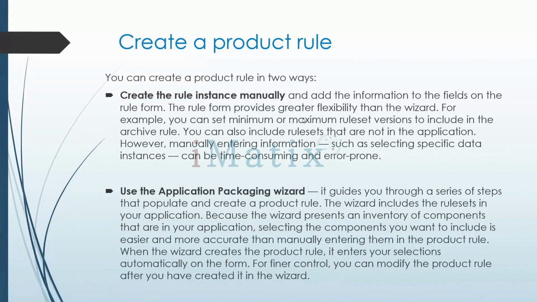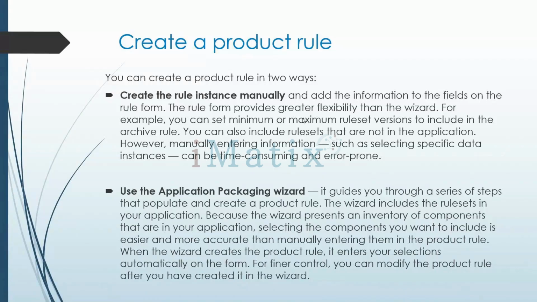There are two ways in which I can do this. One is a manual approach. You can create a product rule manually, as in all the details that I said now have to be manually added onto the product rule. But do you think there is a problem with this manual creation of a product rule?